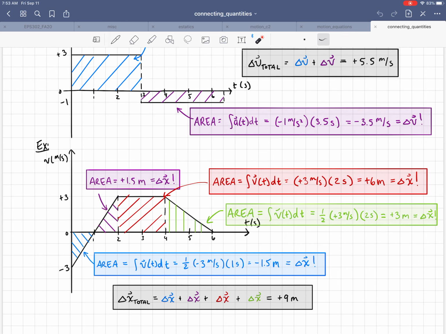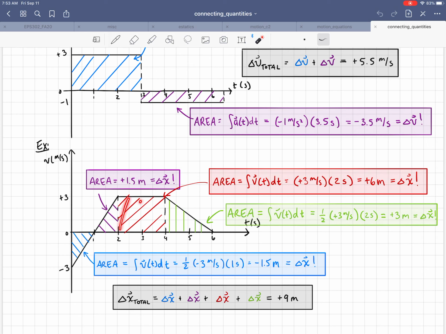Well, it's symmetric here, so you can see that the area here is plus 1.5 meters. So the displacement in the first region, minus 1.5 meters. The displacement in the second region, plus 1.5 meters. So actually, at 2 seconds, we're back to where we started.